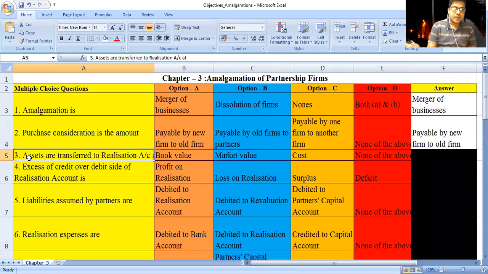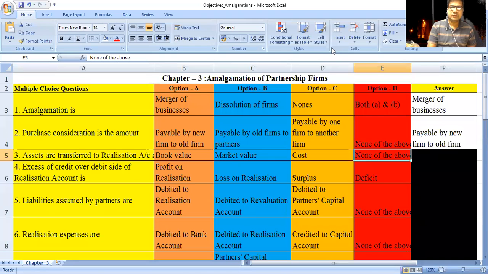Now third, assets are transferred to realization account: option A, at book value, option B, at market value, option C, cost, option D, none of the above. So what will be the answer?